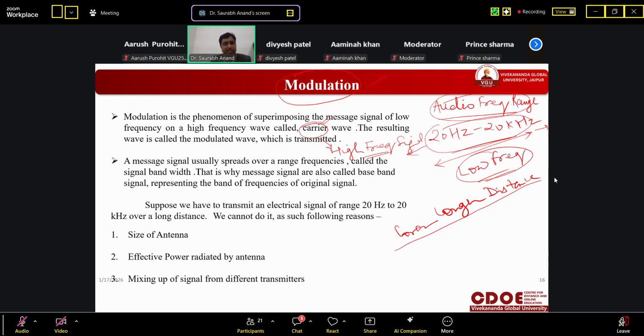Similarly, a high frequency signal can travel a longer distance. That is why we are taking the help of that high frequency. So in modulation, what we are doing is, suppose this is the cycle and you are putting yourself on it.